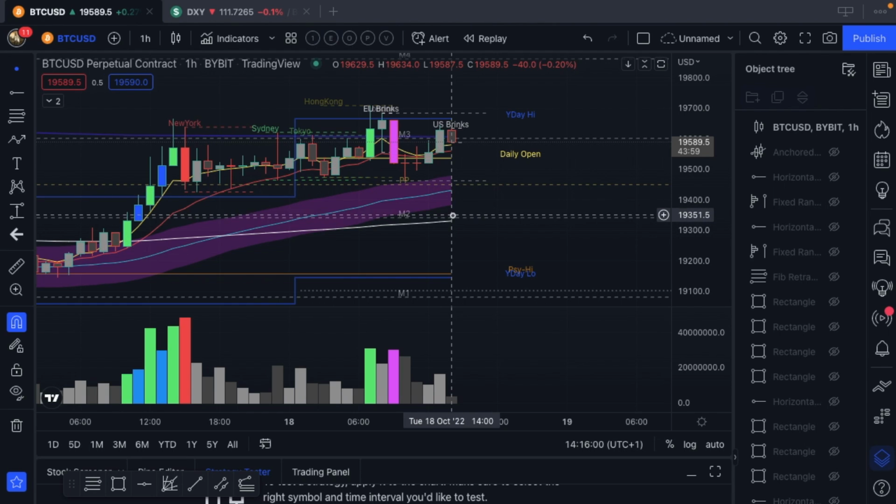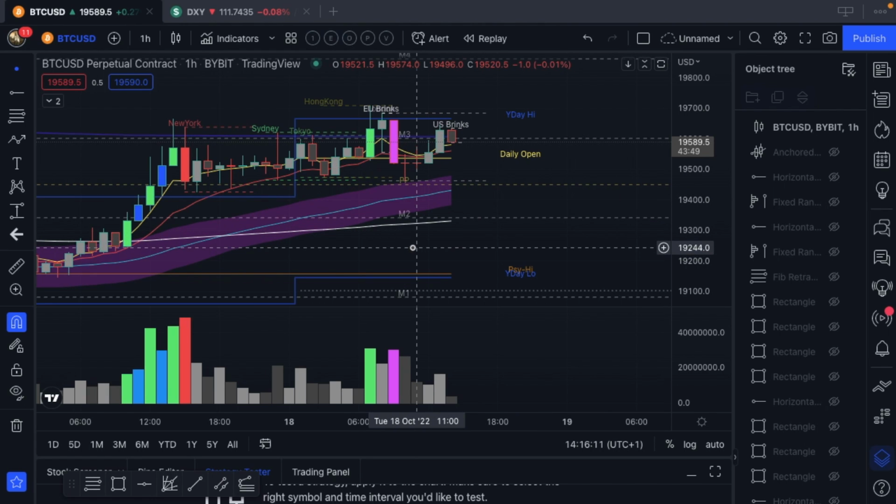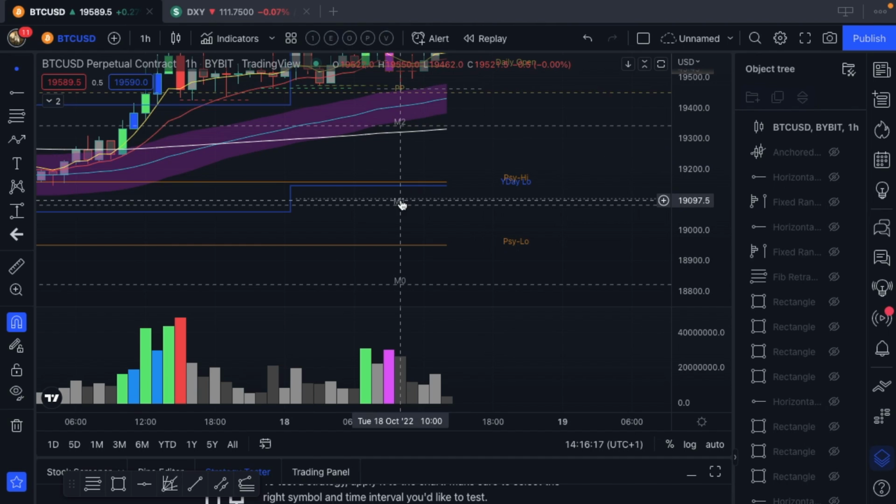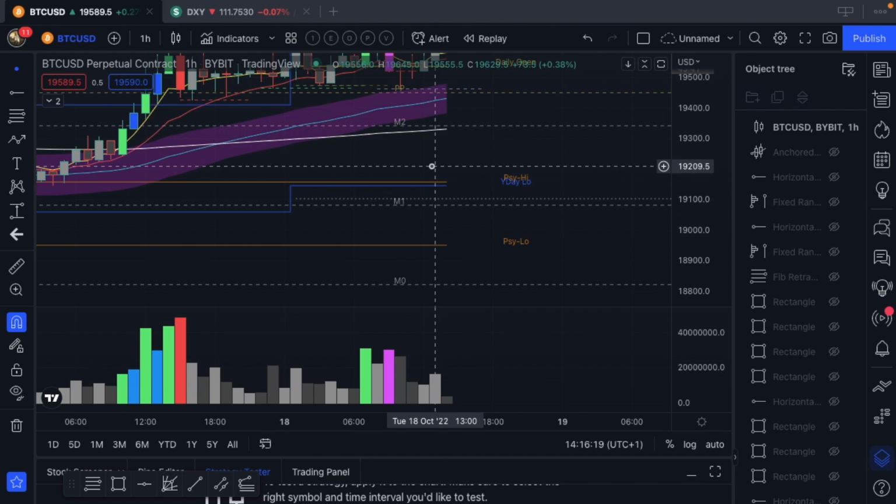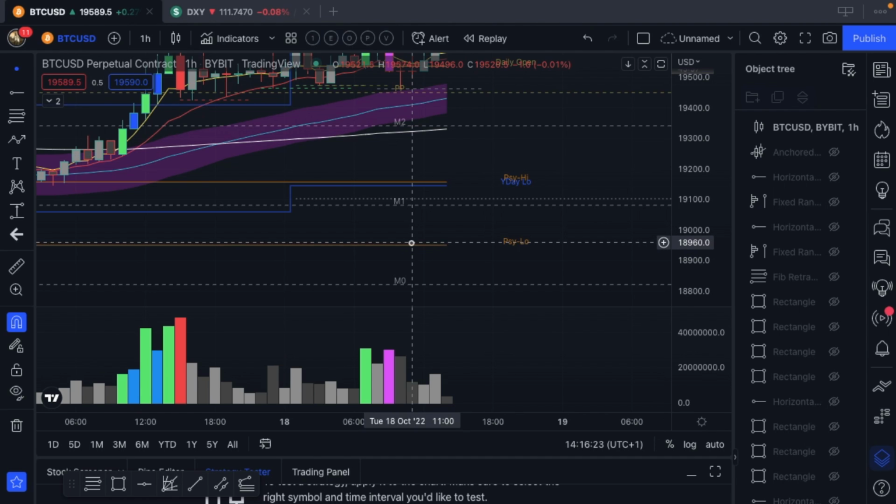and the M levels are actually the median, so the exact midpoint. M2 is between the pivot and your support 1 level of your pivot points. M1 is the median between your support 1 and your support 2.